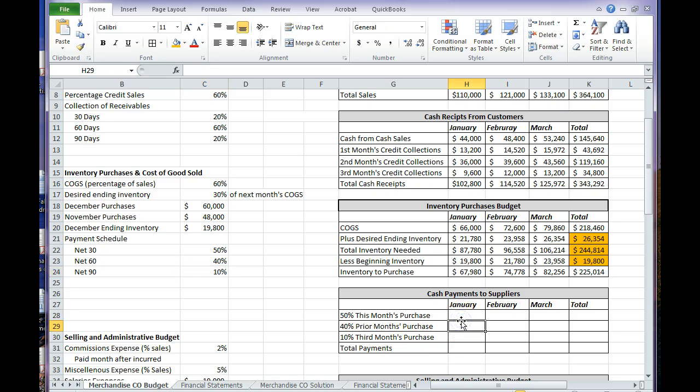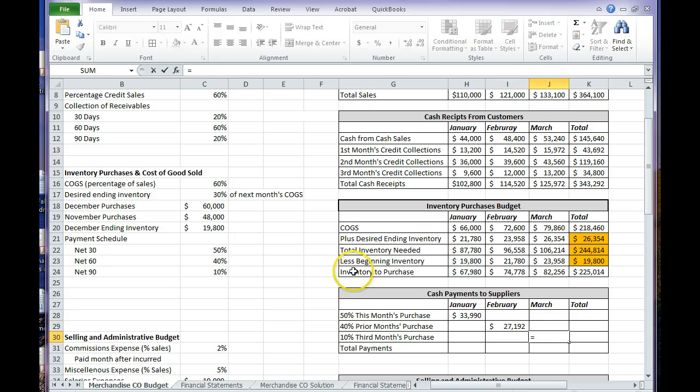So in January, what did I purchase? I purchased 67,980. Wow, I was looking right at it, saying a different number. Now in February, you purchased 67,980, and you're paying 40% of it.